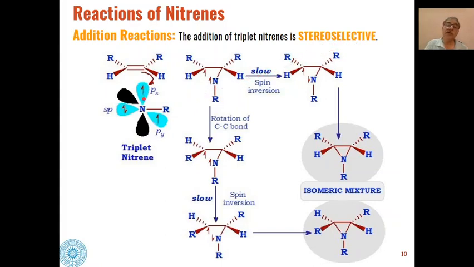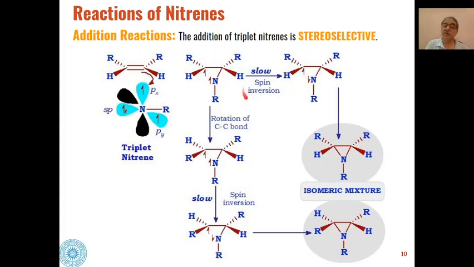You know that the spin of both these unpaired electrons is parallel. So in the first step, one electron will interact with the electron of opposite spin and they will form a carbon-nitrogen bond like this. Then for the remaining electron, we can see that the spin of both these electrons is in the same direction, so a bond formation cannot take place.